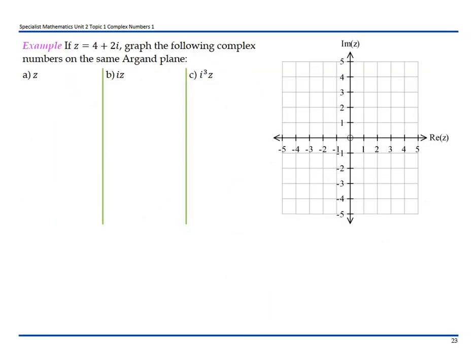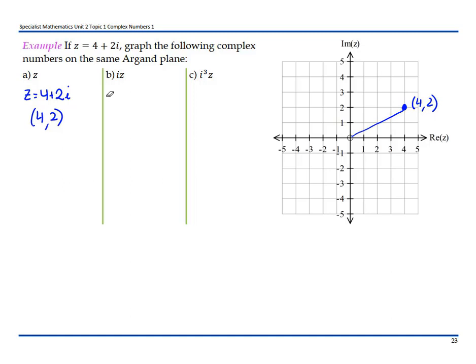So let's look at an example. If z is 4 plus 2i, graph the following complex numbers on the same Argand plane. So z equals 4 plus 2i. On the Argand plane, that's equivalent to the coordinate 4, 2. So that's there. And I can put my line in if I want to.